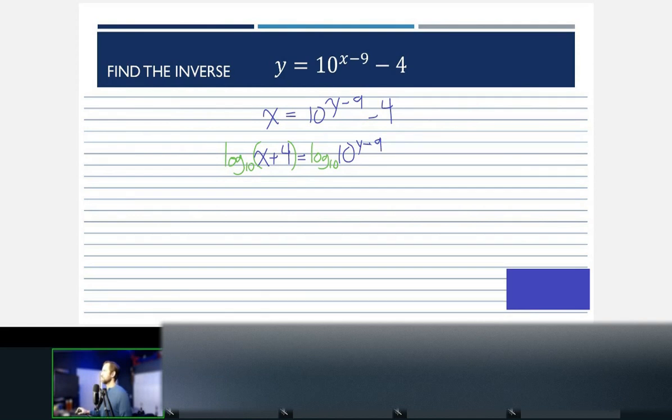Yeah, so the log base 10 of 10, it does cancel out because it becomes a what? Log base 10 of 10 becomes 1, yeah. But before we do that, what should we do with the y minus 9 exponent?